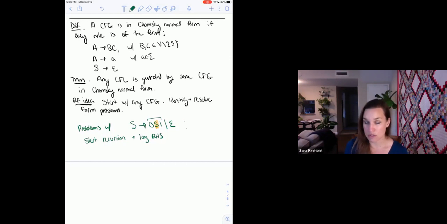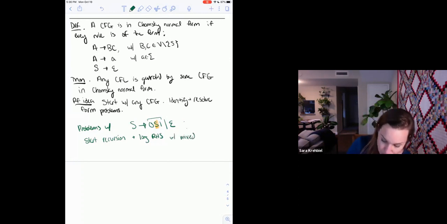The allowed rules have a right-hand side that's either two variables, one terminal, or epsilon, only in the case of the start variable. Here I have three symbols, and they are mixed terminals and variables, which is too long. Of the three allowed rule types, I can either have two variables or one terminal, not some combination of variables and terminals.